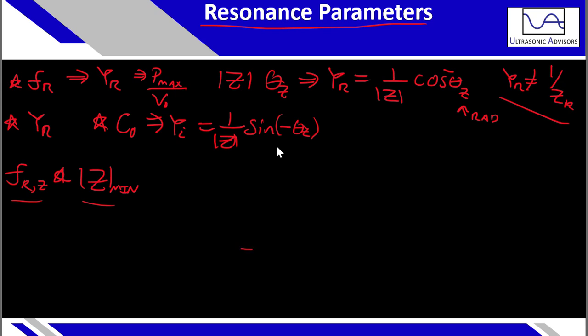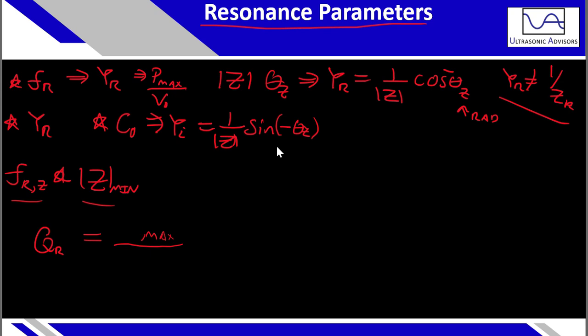The next part is the quality factor at resonance, so let's call that QR. It's also called QM for mechanical quality factor. And that is equal to the maximum real admittance divided by, well, sorry about that.